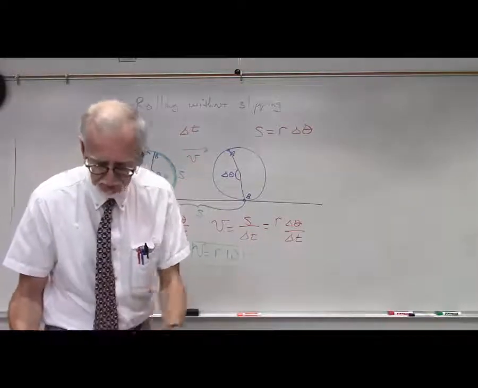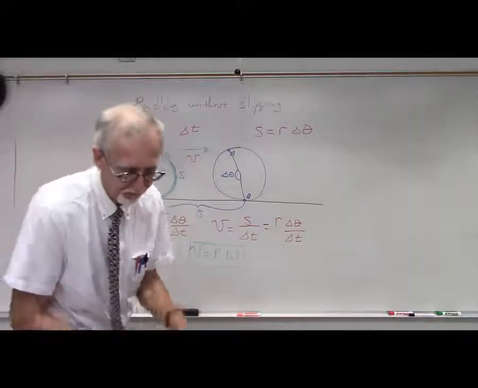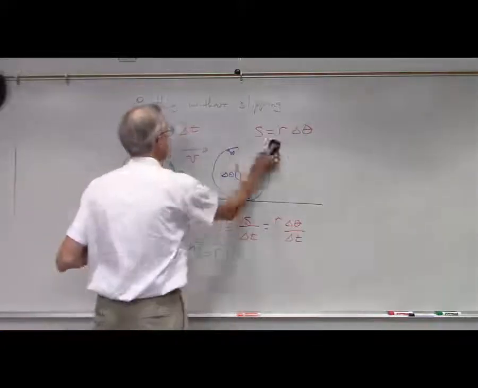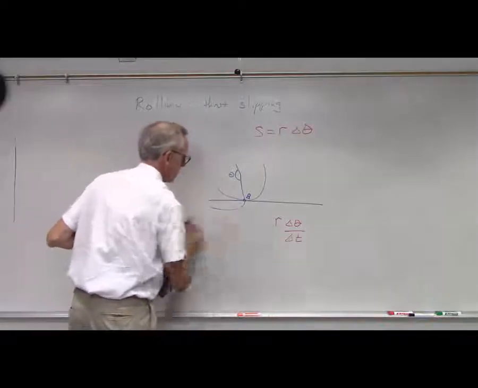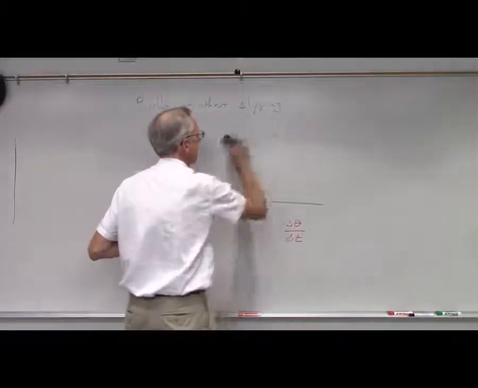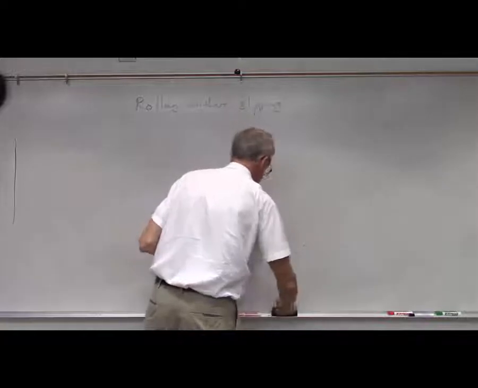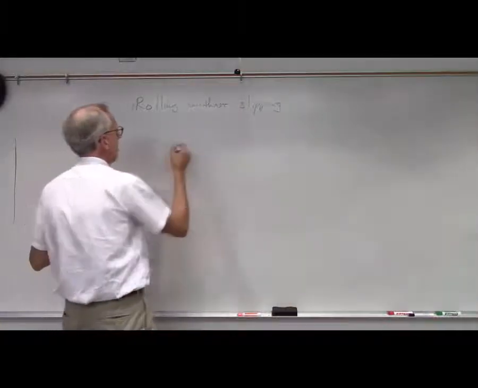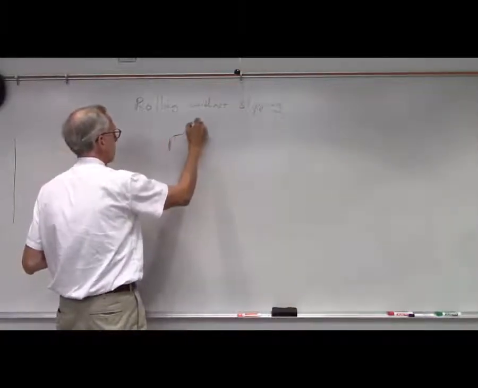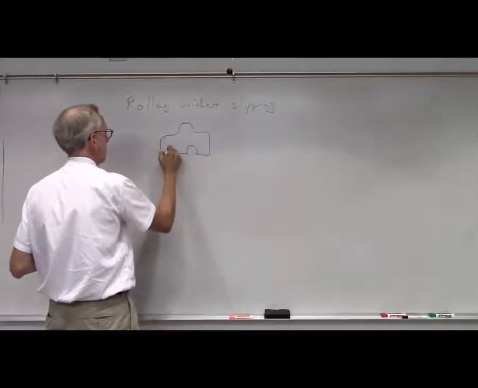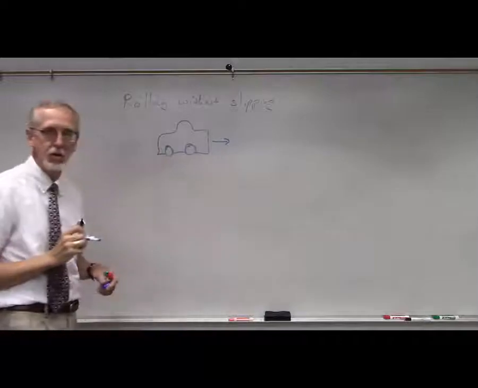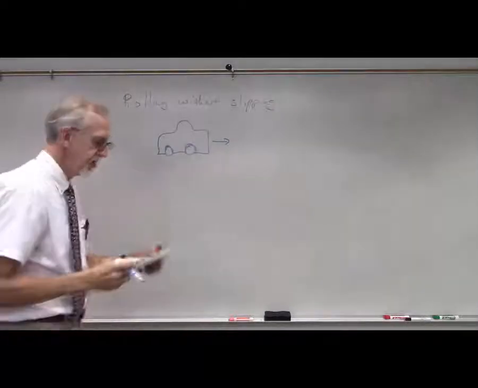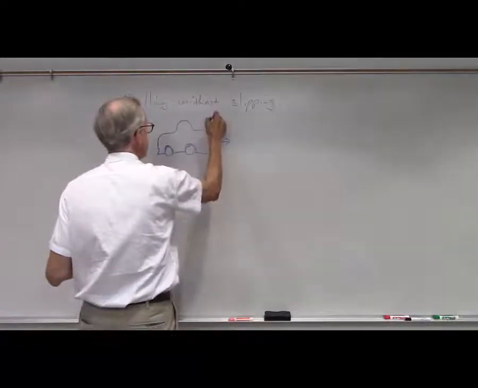So let's stick some numbers in here. Let's imagine we have a car. Okay, so here's our car, and our car is driving along. And let's imagine that it starts from rest.